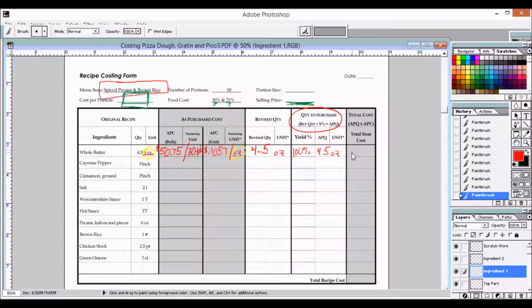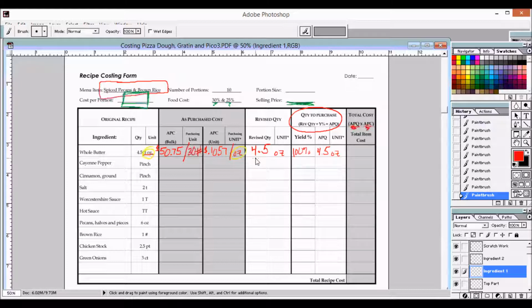And so to get the total item cost, I'm simply going to take what I need to buy, the APQ, as purchased quantity, and multiply it by the APC. What is the cost of that? Notice this is in ounces here at the APQ. This is in ounces here at the APC.